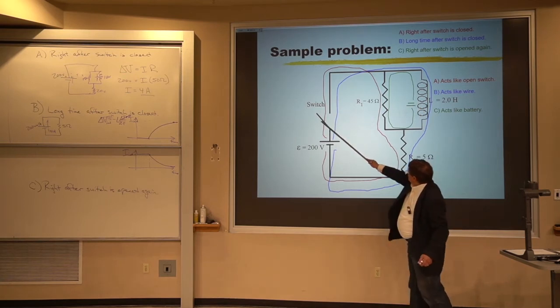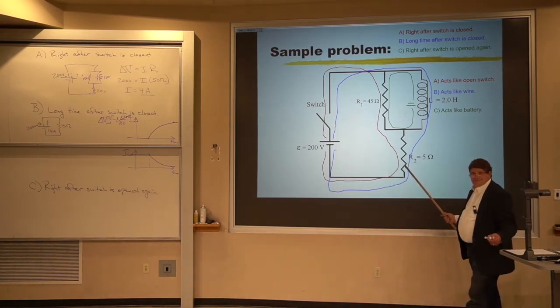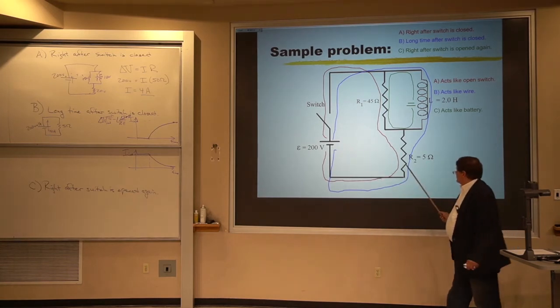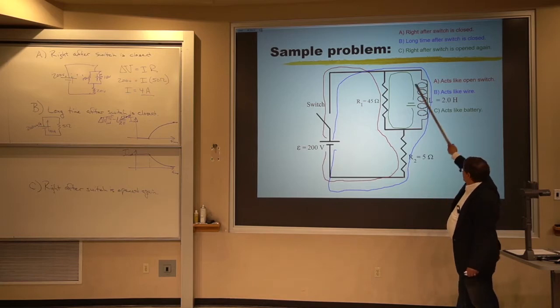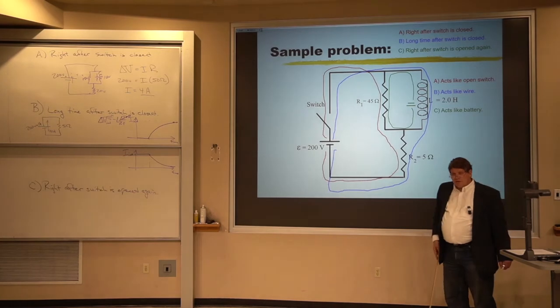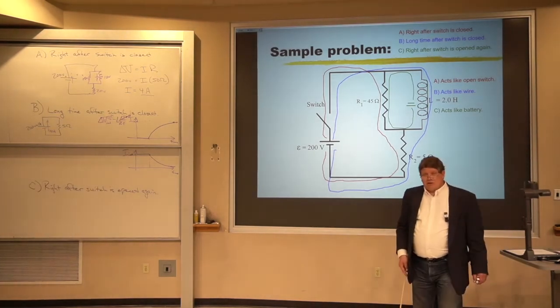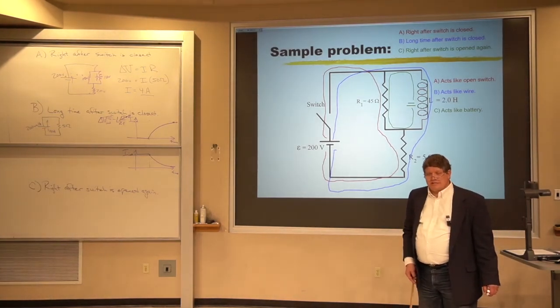By opening that switch, R2 is flapping in the breeze. The battery and R2 are no longer part of a complete circuit. The only complete circuit I have is here, and that inductor is going to make sure that the current doesn't change instantly.